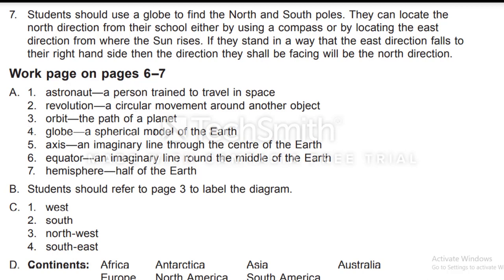Globe, a spherical model of earth. Axis, an imaginary line through the center of earth. Equator, an imaginary line round the middle of earth. You will match them. Hemisphere, half of the earth.